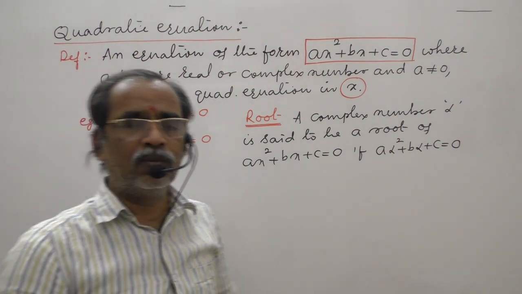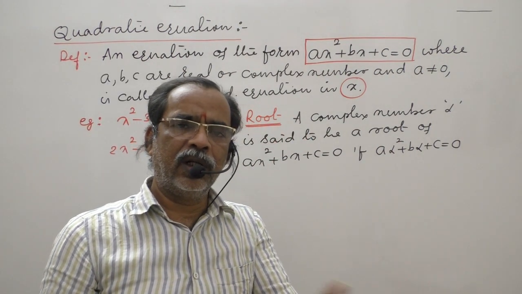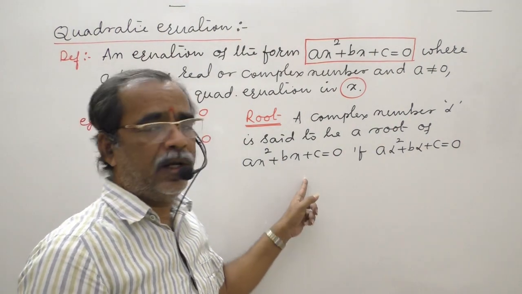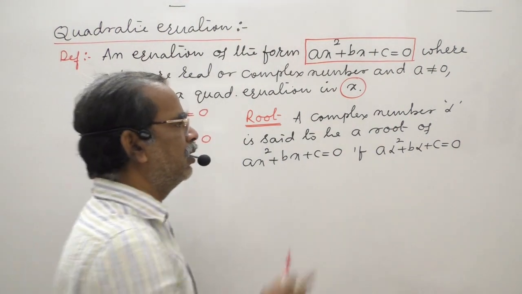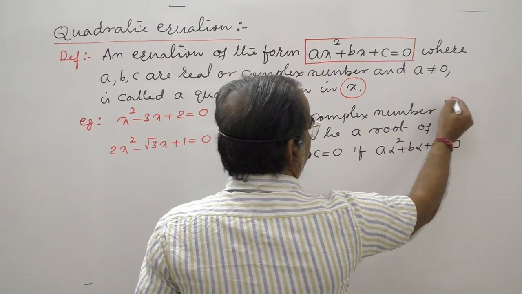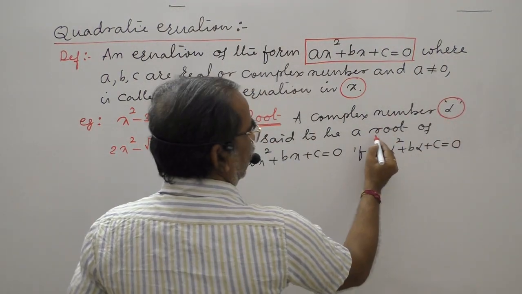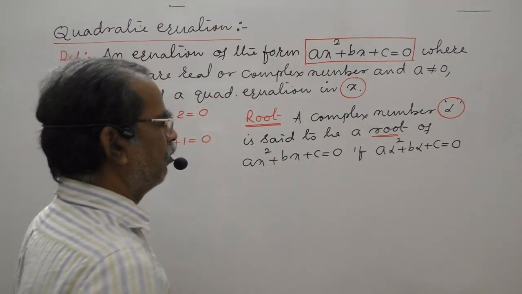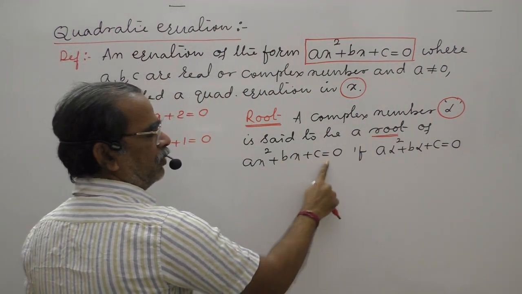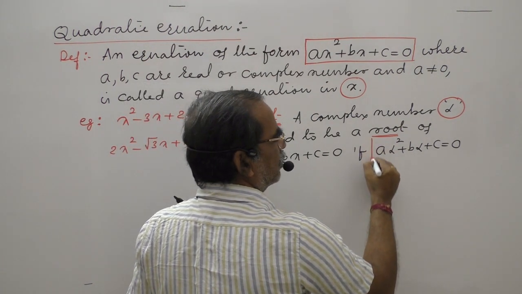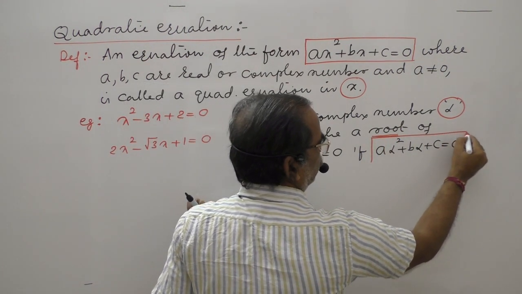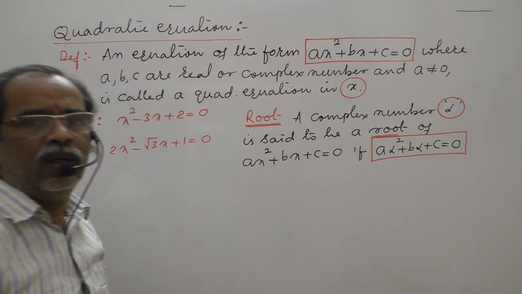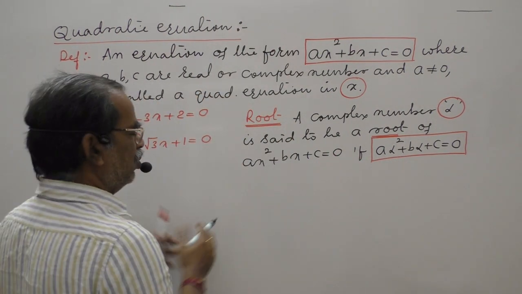Same definition. There it was an expression, therefore there we call them zeros. Here it is an equation. For an equation we call the same complex number a root. Yes, a complex number alpha is said to be a root of this equation if it satisfies the equation a alpha square plus b alpha plus c is equal to 0.